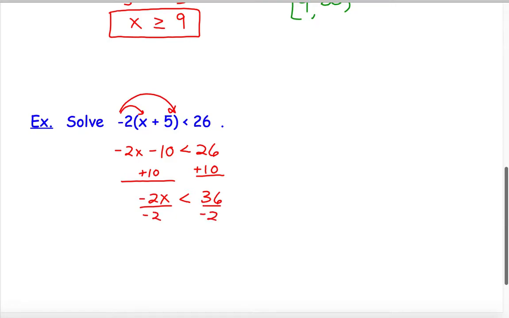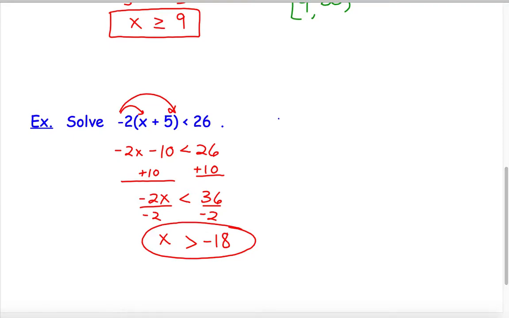And right away the warning signs go off. I'm dividing by a negative, so I have to switch my inequality. Negative 2 divided by negative 2 is a positive 1x. 36 divided by negative 2 is negative 18. So there's my solution. x is greater than negative 18.